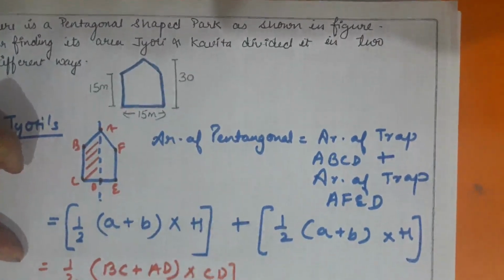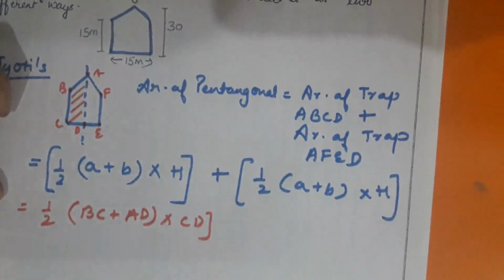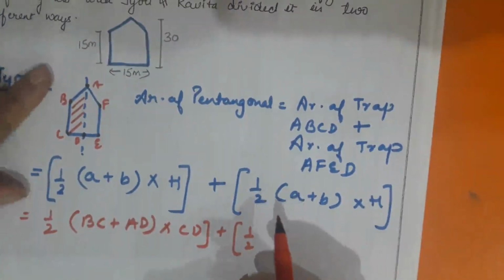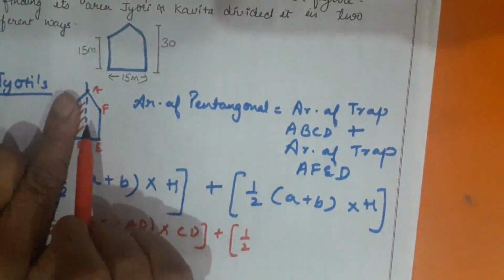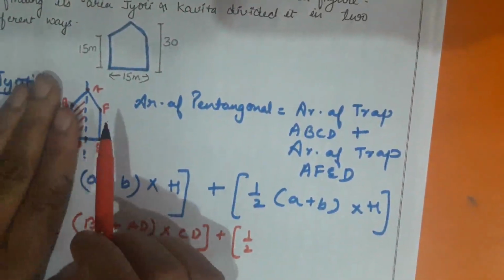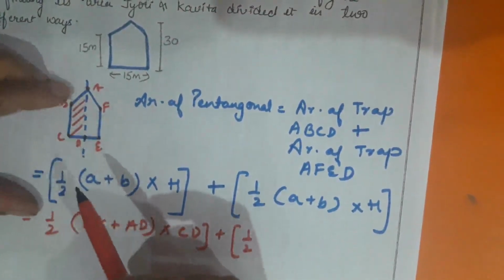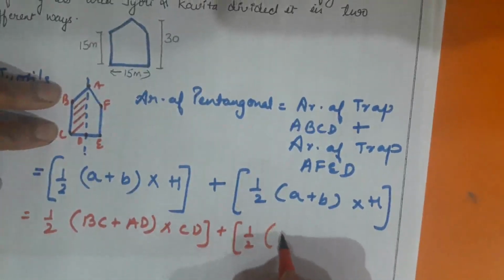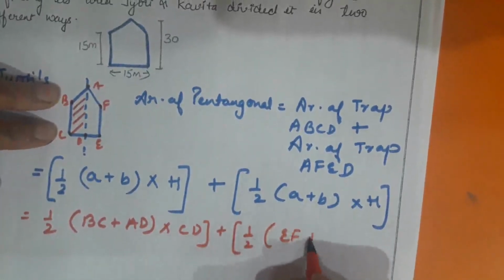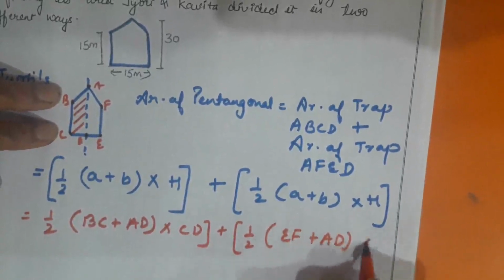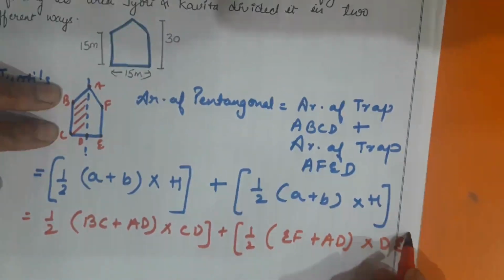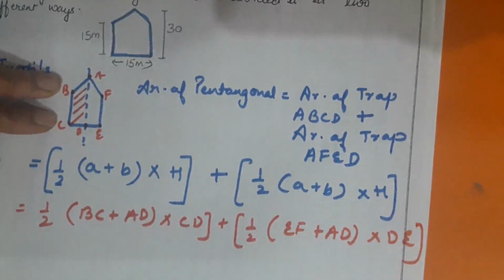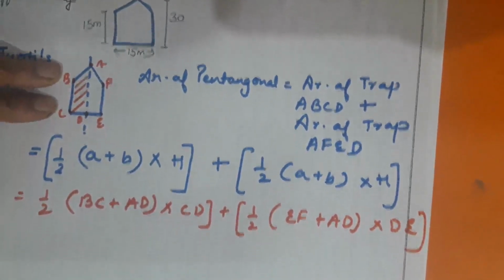I hope you all are able to understand. Plus half, if we are talking about this trapezium, I'm hiding the other trapezium. So if we look at AFED, a will be EF, b will be AD and height will be DE. Okay, now start putting the values.